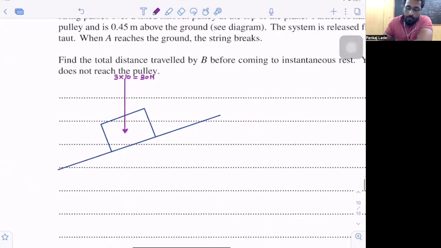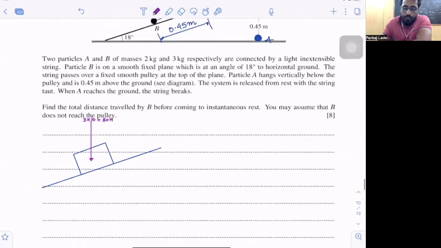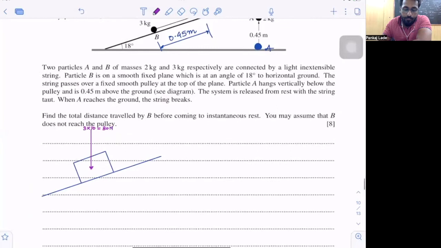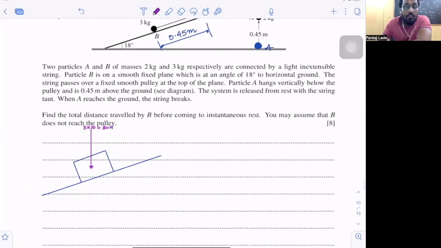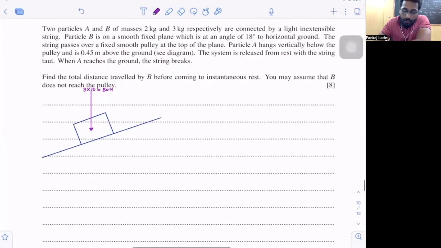You can resolve this; we'll resolve it in a short while from now. First of all, let's take all the forces. Now, will there be tension? It is attached to A, so there will be tension, right? The string is attached like this, so the string will be in tension.